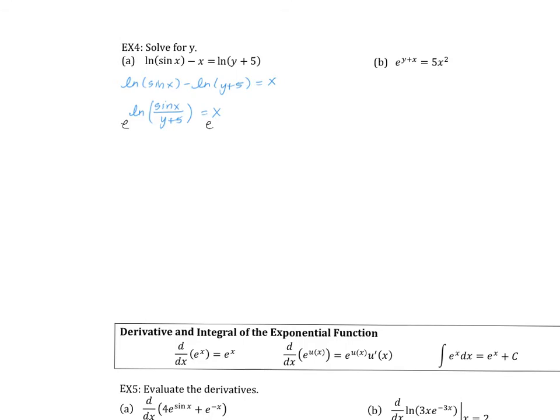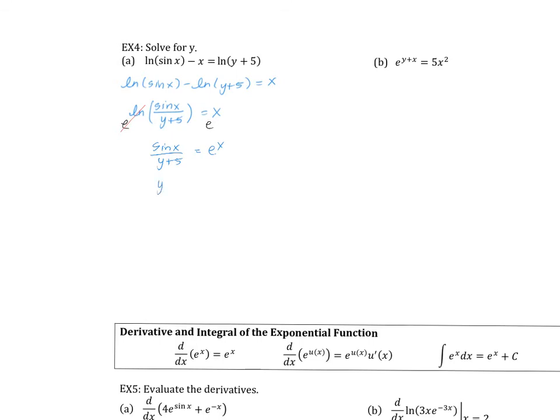And when I do that, by a previous property, e to the ln would cancel, and what I'm left with is sine of x over y plus 5 equal e to the x. So now it's just a matter of algebra. So in the beginning, the problem with solving for y was it was in the argument of the natural log, and we had to try to figure out a way to get it out.